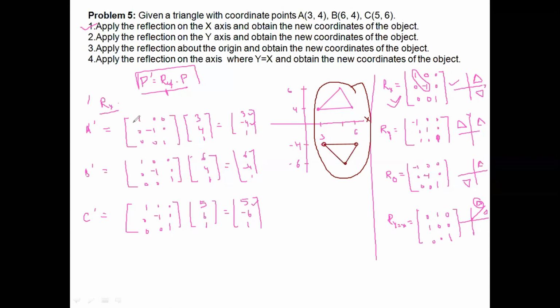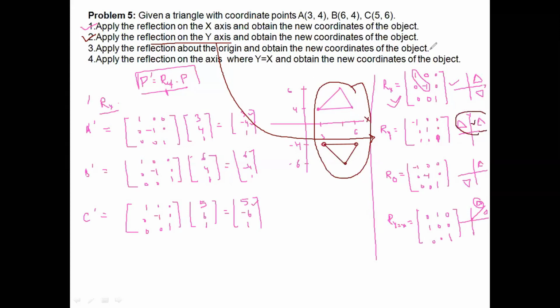Likewise we can go with the problem, that is apply the reflection along the y-axis. So for this y-axis you are going to use this matrix. So you can redraw the new object, and you will find the object will be reflected along y.